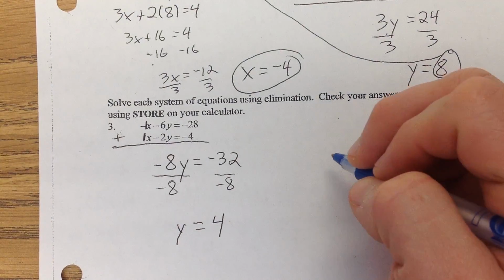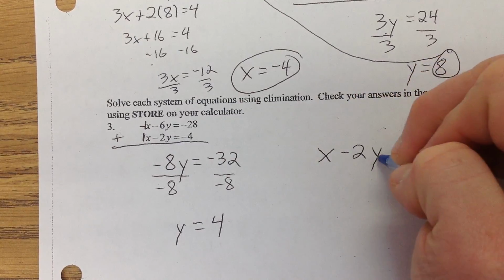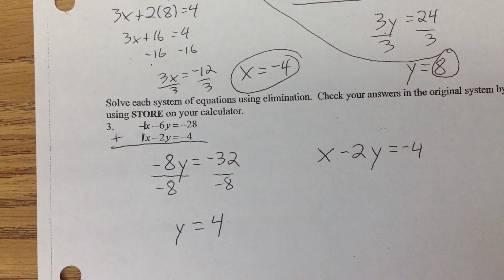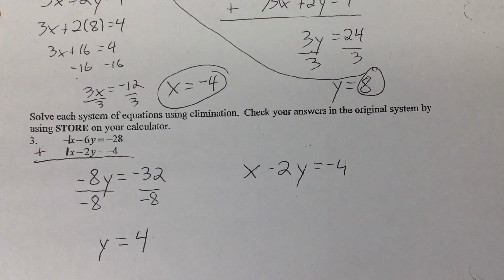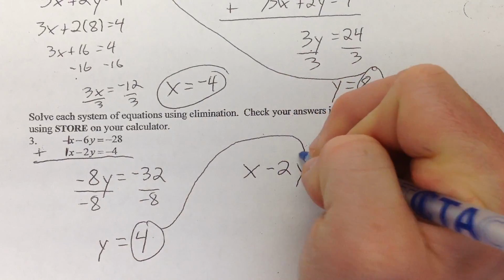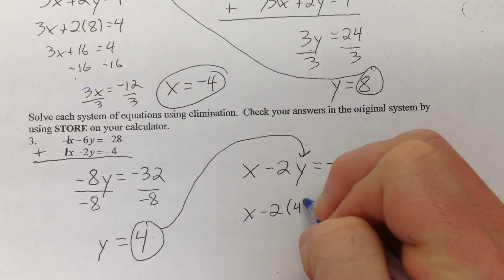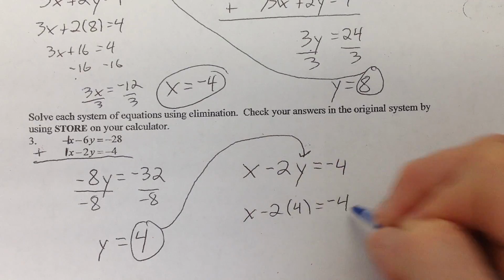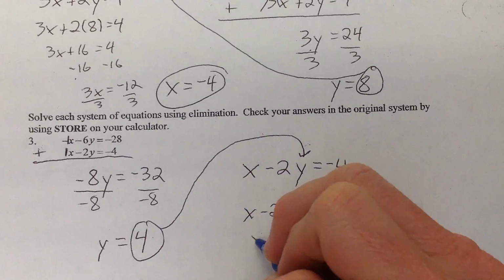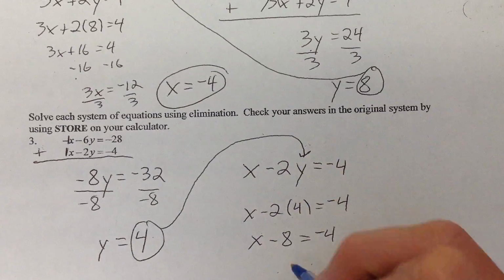We still need to find the x, so we pick one of the two equations. I'm going to go with the bottom one here. I could have picked the top one, but this one had smaller numbers, so I figured why not. The 4 is going to get plugged in here. So I get x minus 2 times 4 equals negative 4, which means x minus 8 equals negative 4.